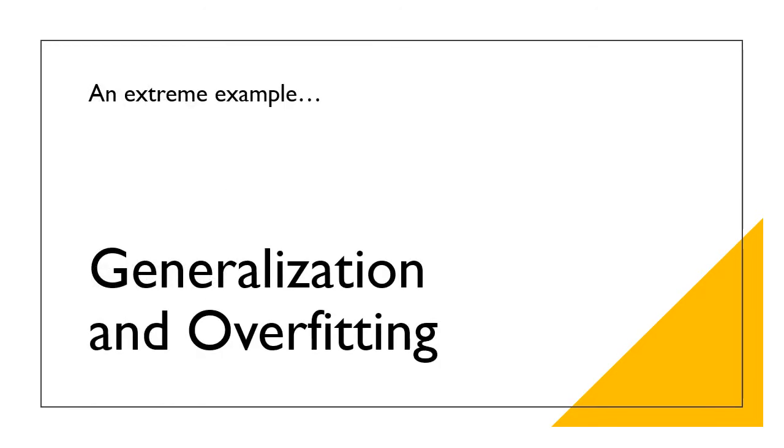Let's consider an extreme example. We're given a large data set of customers and asked to produce a model to distinguish customers who are likely to churn or leave based on some features. We build a model that is 100% accurate.